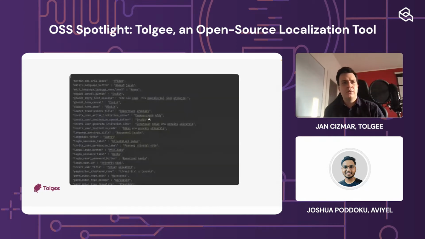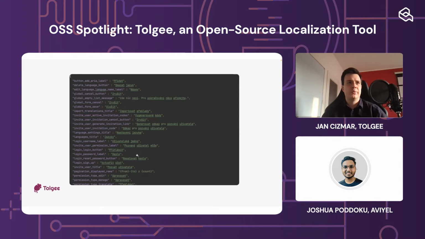If you ever localized some software, then you are probably familiar with formats like this JSON. Basically you have some keys and you have some values in the language. JSON is pretty common in modern JavaScript frameworks to translate applications.